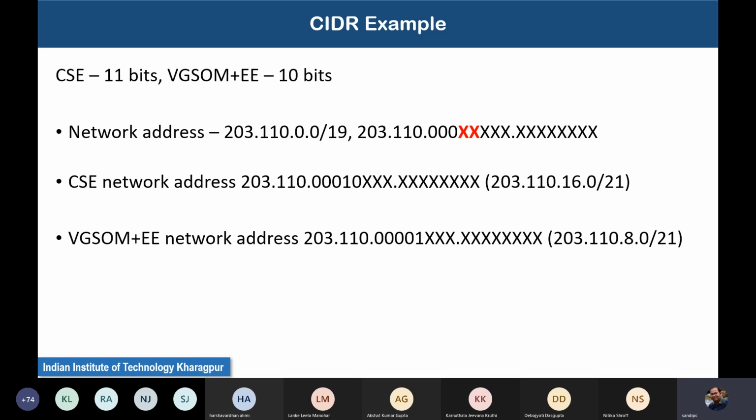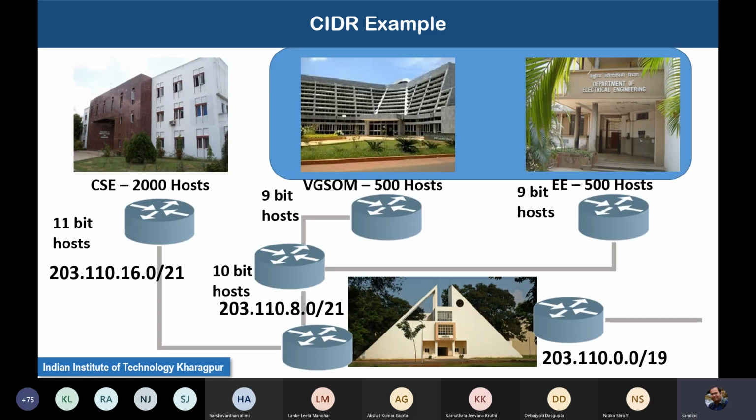For the VGSUM plus EE network, I use 01, which gives 203.110.8.0/21.